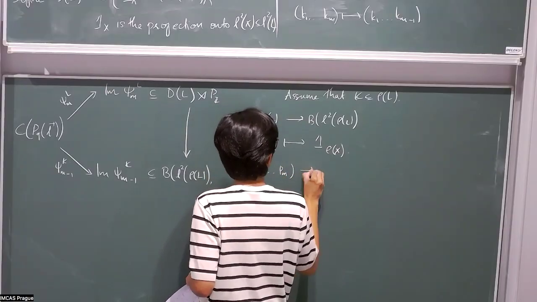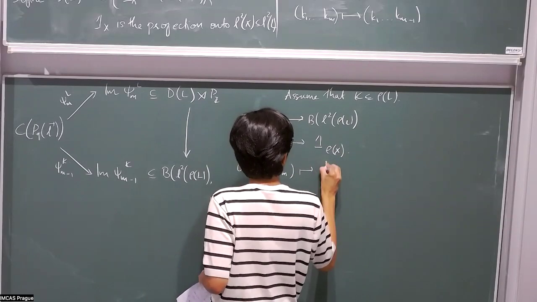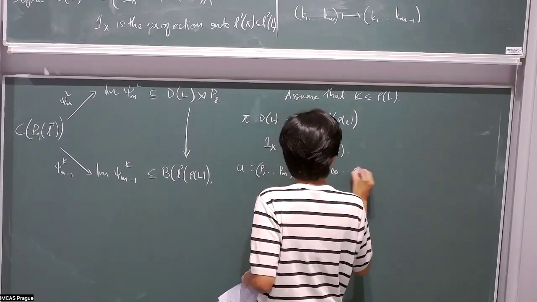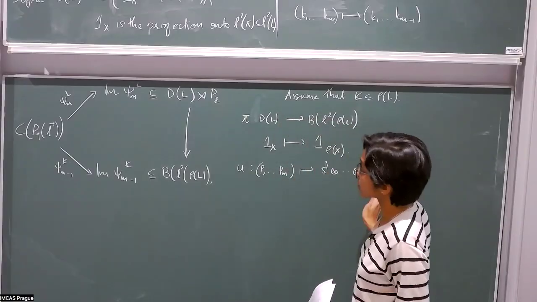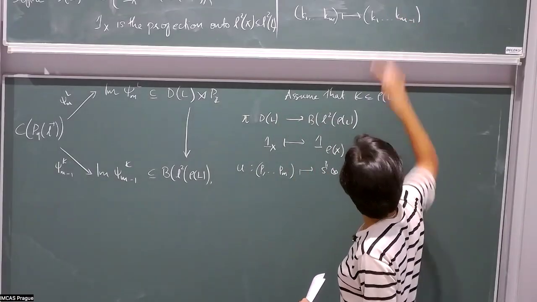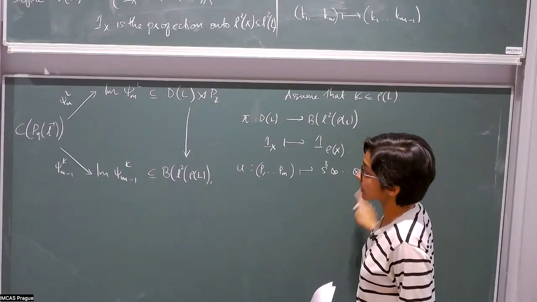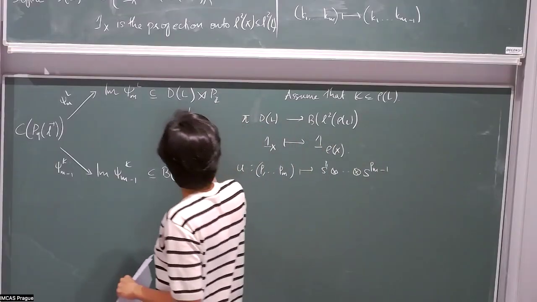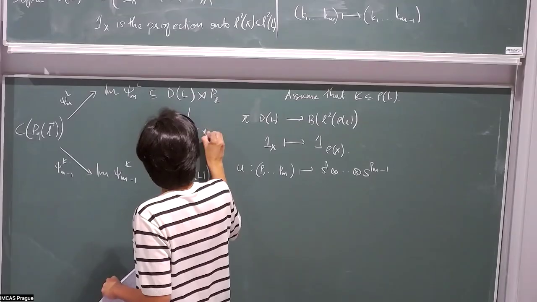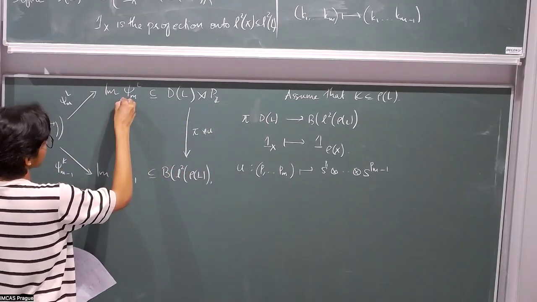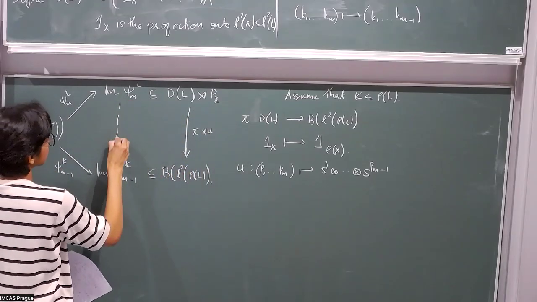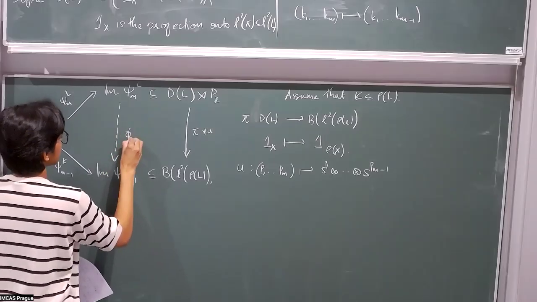P m to S P 1. I just delete the last one. This is the same as the other one, but now I don't look at the last guy. And this indeed gives me a covariant representation. And I have this map here. If we restrict it to this image, then this gives me a map here.